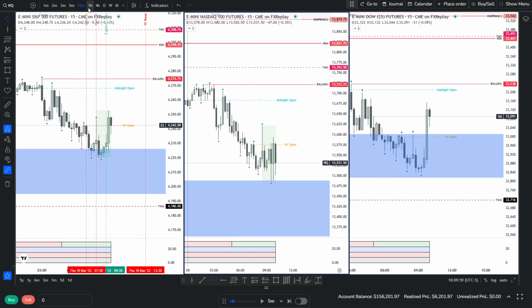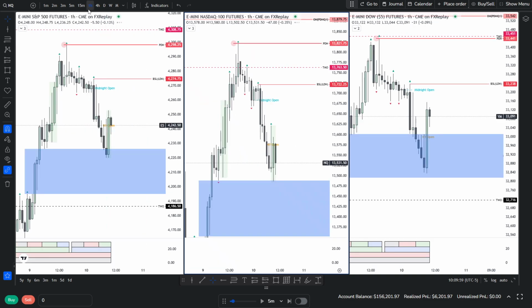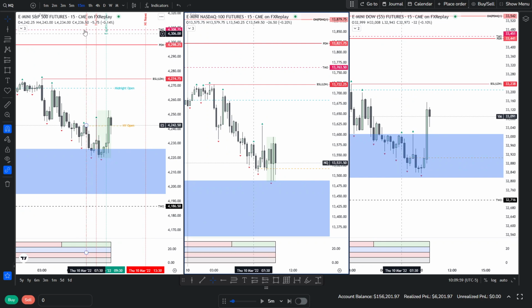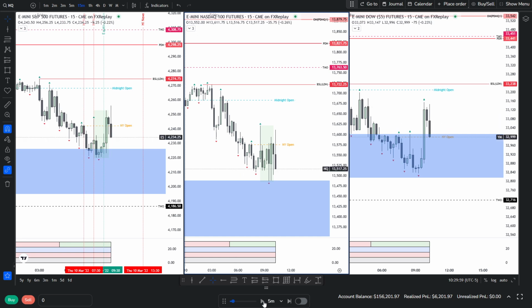Just going to pop out to the hourly, see what the hourly candle looks like. Okay, which is fine. Very choppy price action currently. So let's just play this on a little bit. It's interesting. Looks like we're going deeper into that CB.